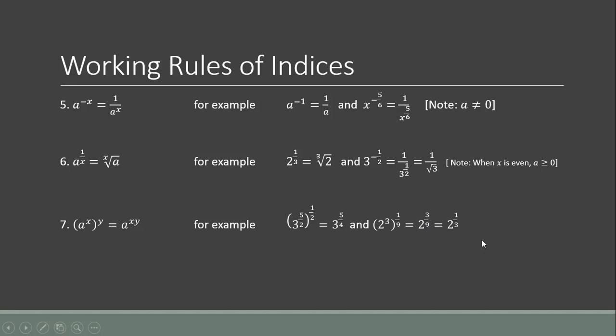So I hope that you could understand the rules for indices, and now we are going to solve some examples to master the rules. So let us see some solved problems on indices.